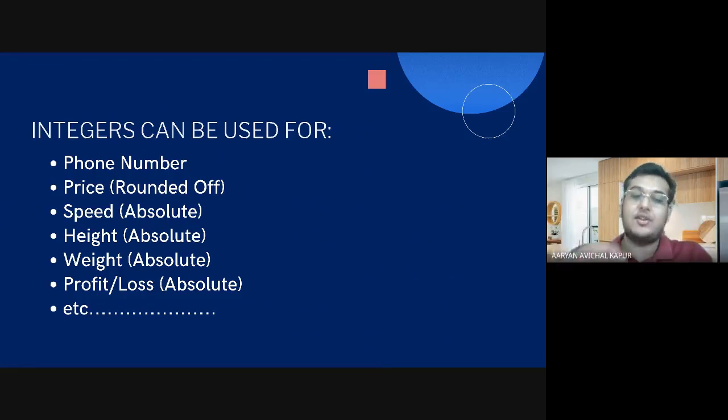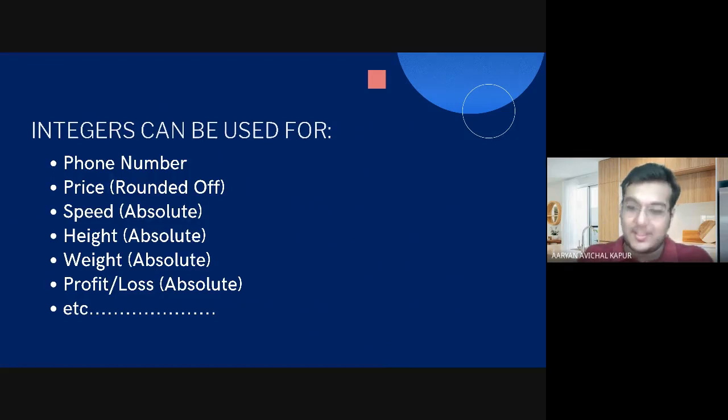Distance also, you cannot say 100.5 kilometers, you can only say 100 kilometers. Height also, you can say I am 200 centimeters tall, but you cannot say 200.5 centimeters. Also profit loss, you can say my profit loss for this year is plus 1000 or minus 1000, but you cannot say plus 1000.5 or minus 1000.5. So this has a fair bit of limitations, right?